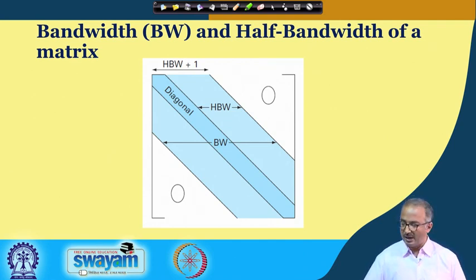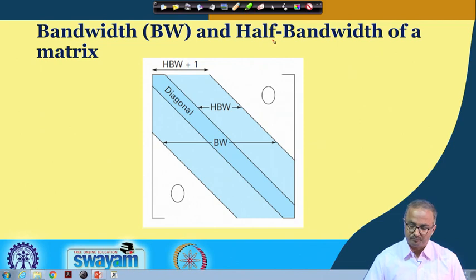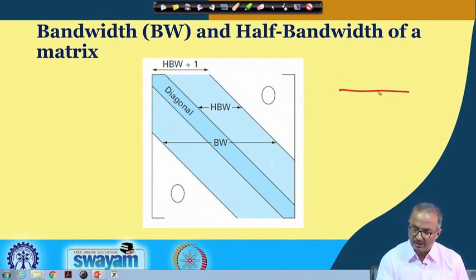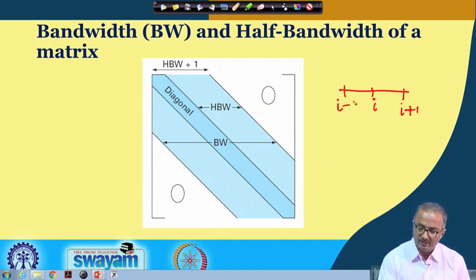Suppose I talk of a point I; these equations are generally obtained from finite difference equations. On the right hand side I can say I plus 1, and on the left hand side I minus 1. I am doing a one dimensional problem, okay. So with respect to I, we have the I plus 1th point and the I minus 1th point.